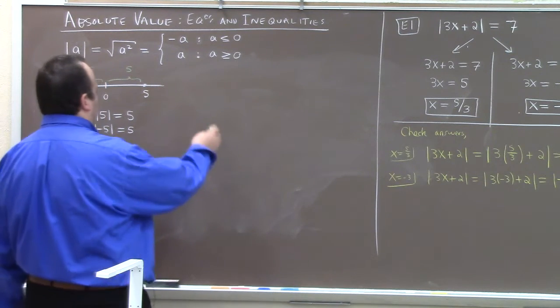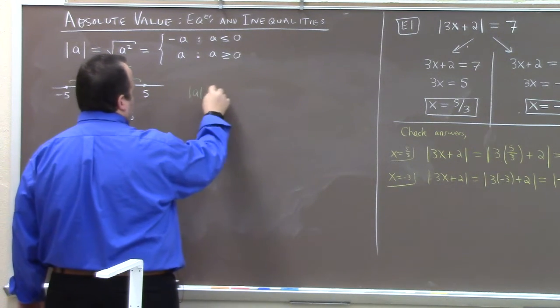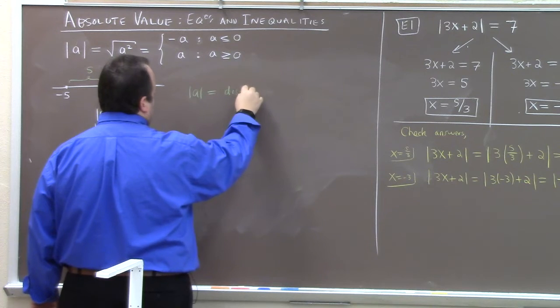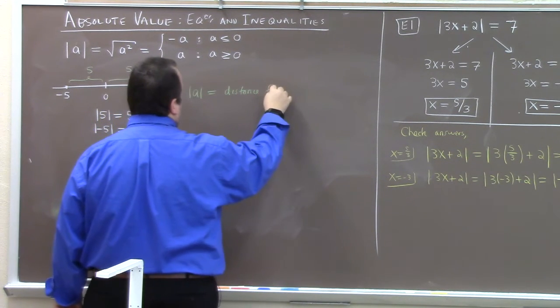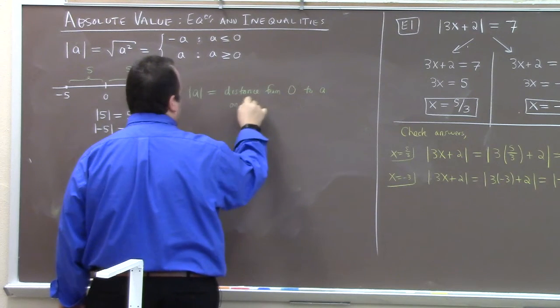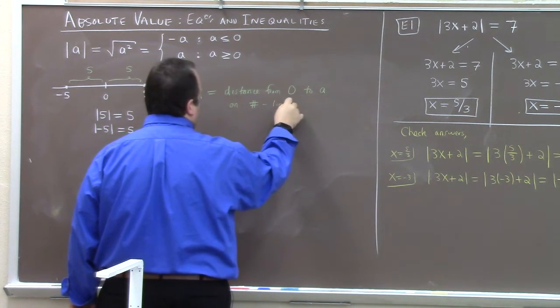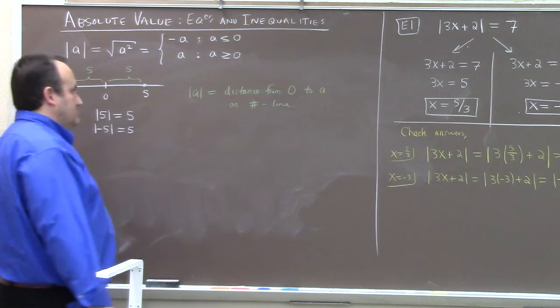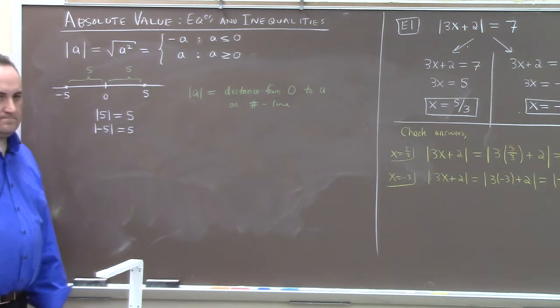So that's another way we could say the absolute value of A is equal to the distance from 0 to A on the number line. Does that make sense?